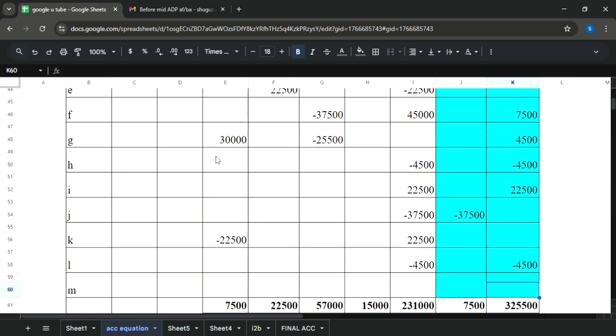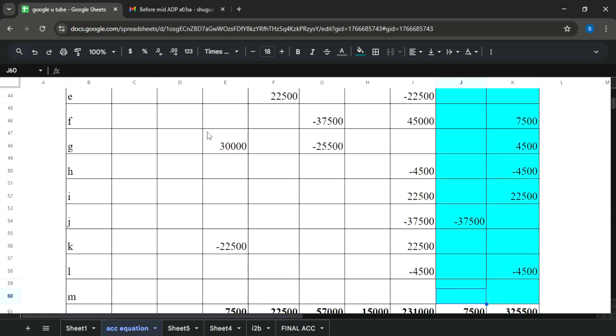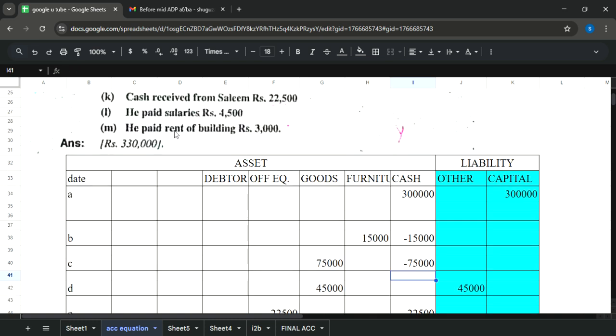Alright guys, now entry number M. He paid rent of the building. Rent, again you will pay again and again. It's an expense. When you will pay, cash will go out. So there is decrease in cash, minus 3,500. Why decrease in cash? Because you are paying your rent. So 3,000 is going out. On the other hand, when you will pay rent, it's an expense.